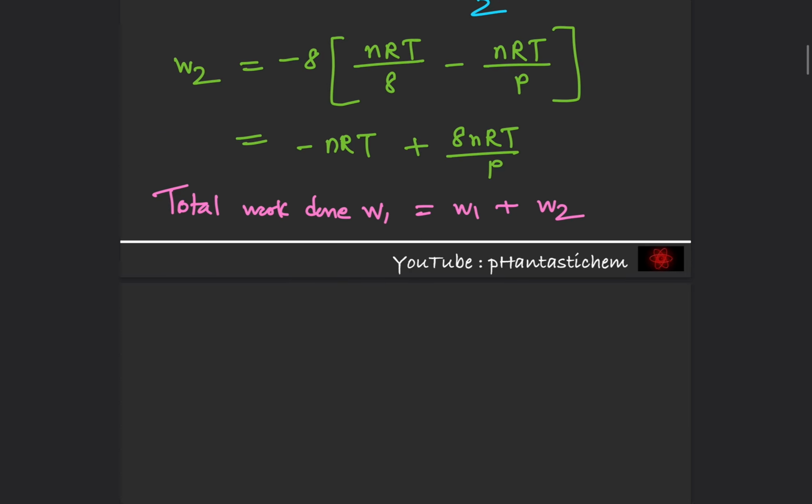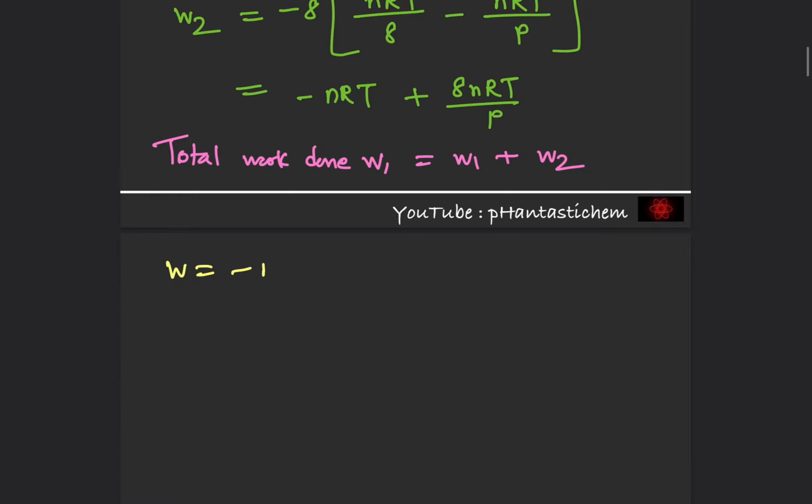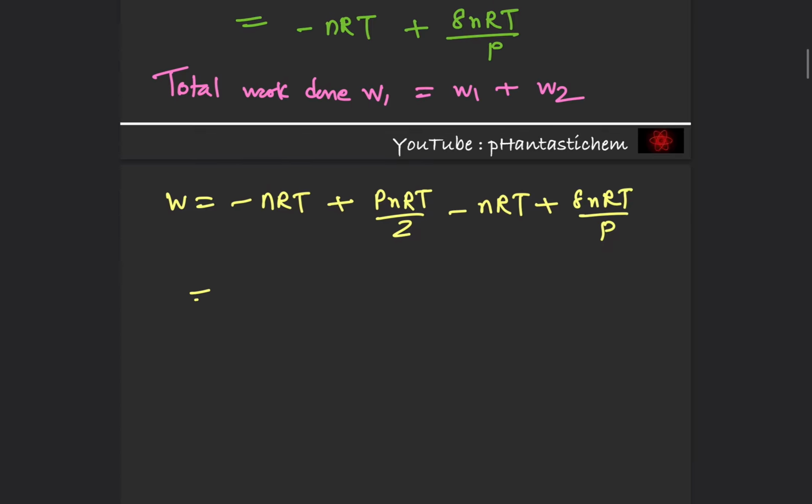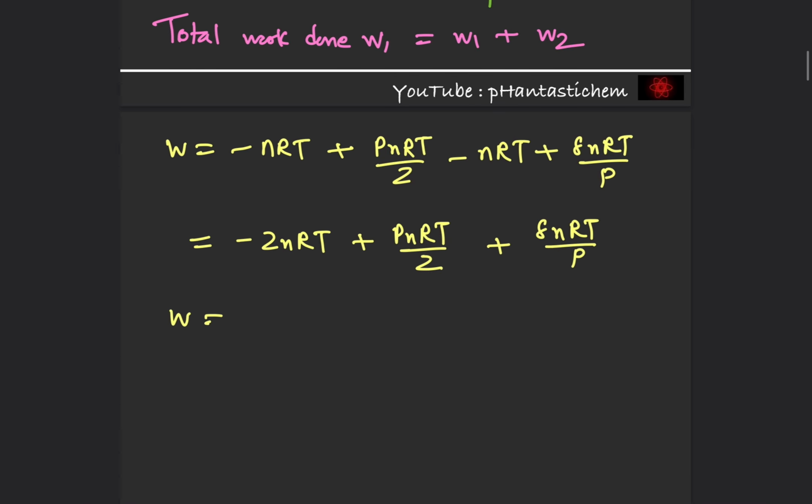That is, W will be equal to minus nRT plus P nRT by 2 minus nRT plus 8 nRT by P. Okay, so it will be minus 2 nRT plus P nRT by 2 plus 8 nRT by P. Okay, so W will be equal to, taking nRT common, P by 2 plus 8 by P minus 2.